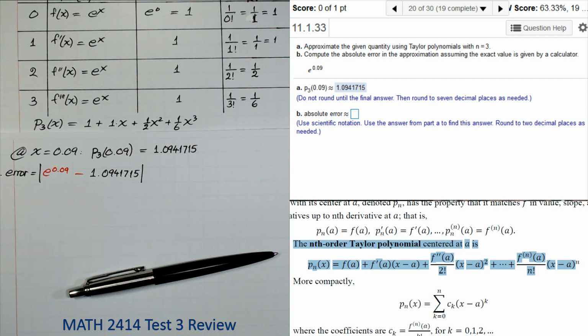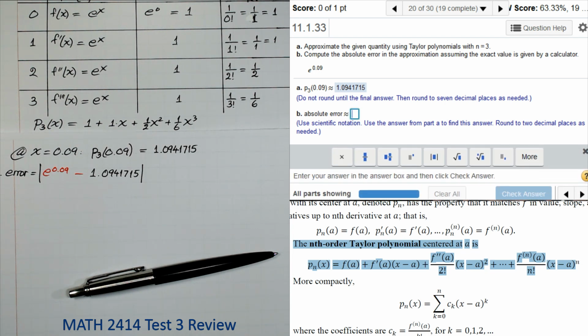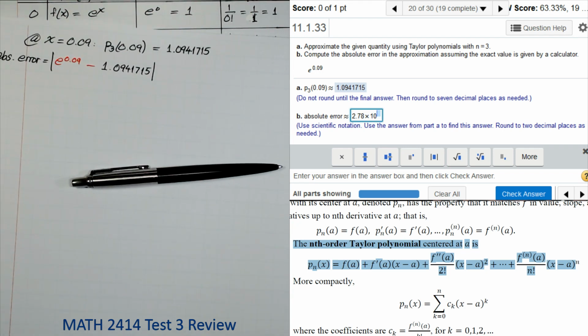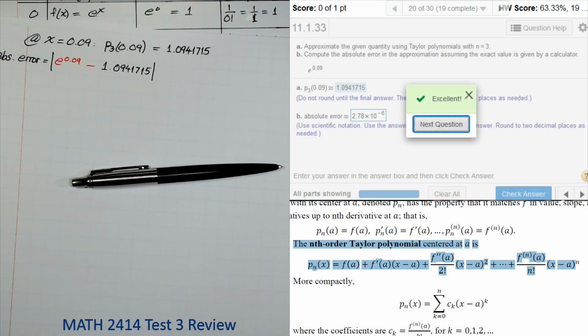So 2.78, and then times 10 to the negative 6. Right, yeah, you have to use that times.